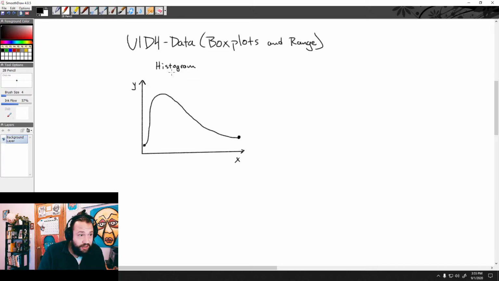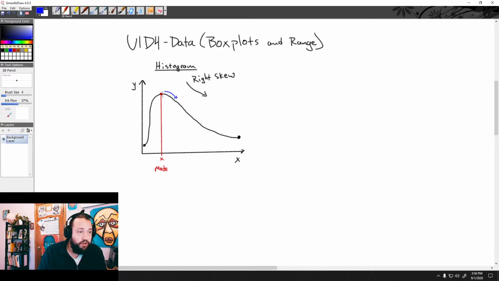Now, something that I do want to remind us is we also know that this is what? Stretched to the right. So it is right skewed. Okay? Right skew. Now, I remember that to find my mode, I had to go to the highest part of the graph. So my mode would be the x value right here. Then my median slides a little bit down the hill.